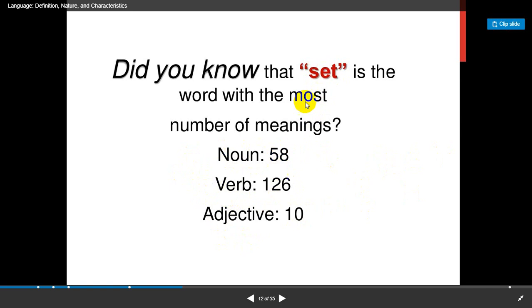You see, set here refers to 58. Set here refers to 126, and set here refers to only 10 adjective. Okay, a set of adjective. So only one word contains meaning according to the context, according to the communicator. Okay, so you, the listener, you have to understand the meaning that the communicator wants you to know.